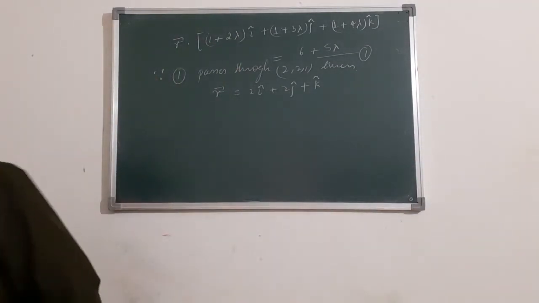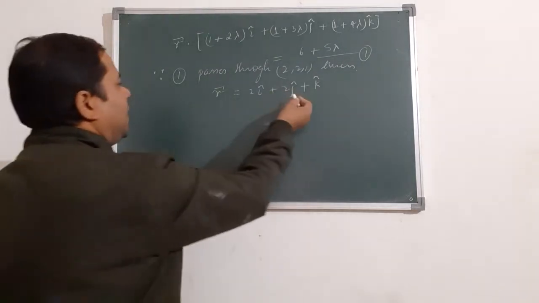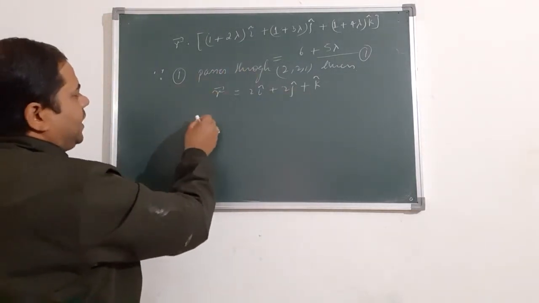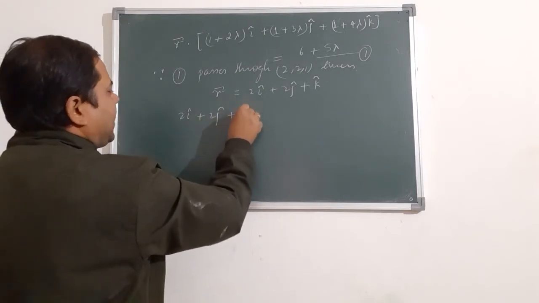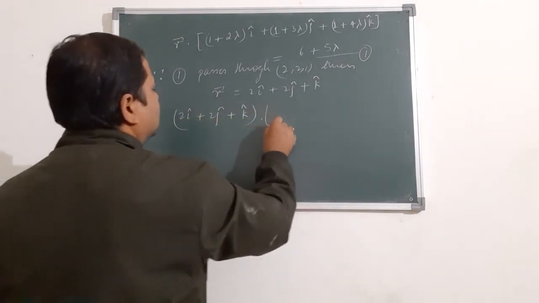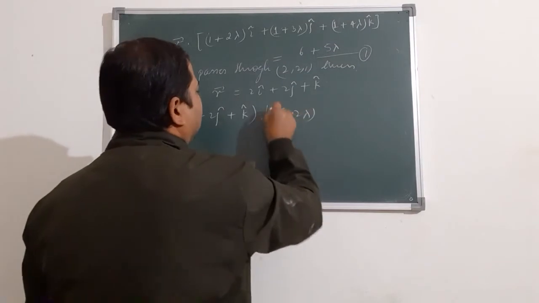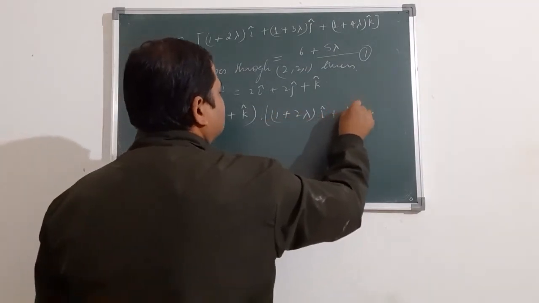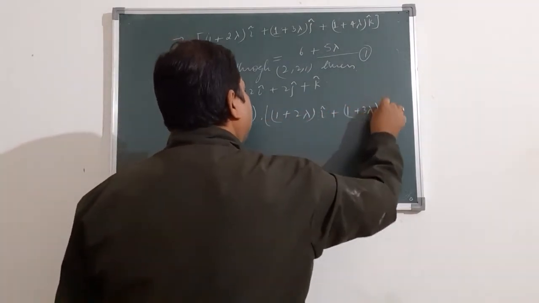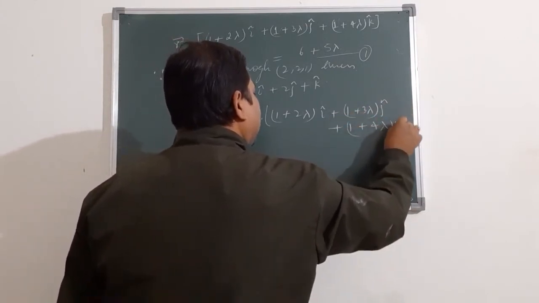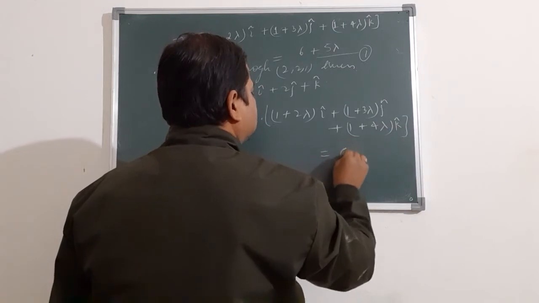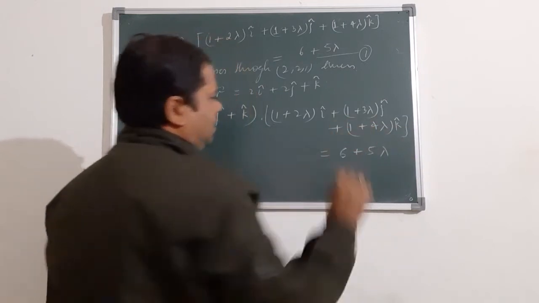So r is nothing but 2i cap plus 2j cap plus k cap. So (2i cap plus 2j cap plus k cap) dot ((1 plus 2 lambda) i cap plus (1 plus 3 lambda) j cap plus (1 plus 4 lambda) k cap) is equal to 6 plus 5 lambda.